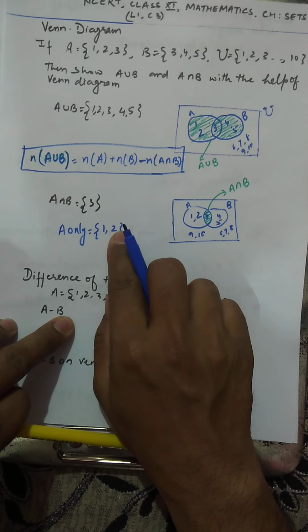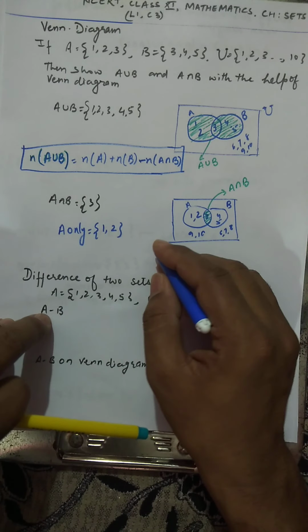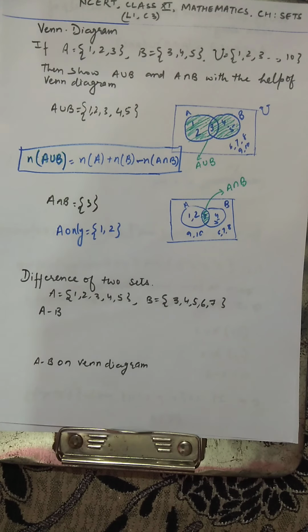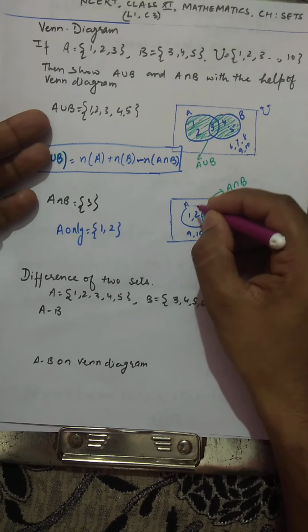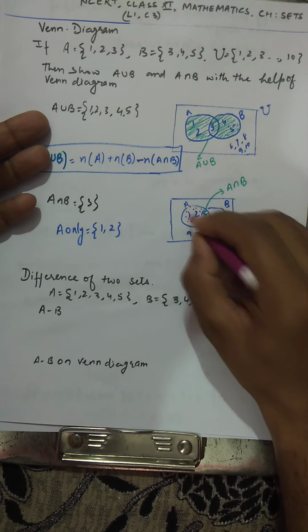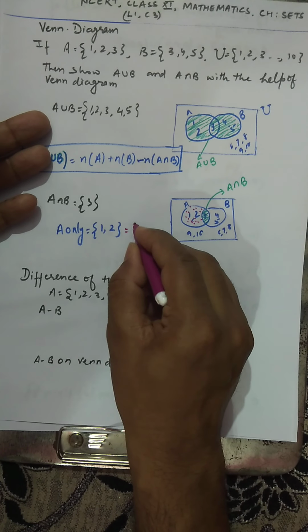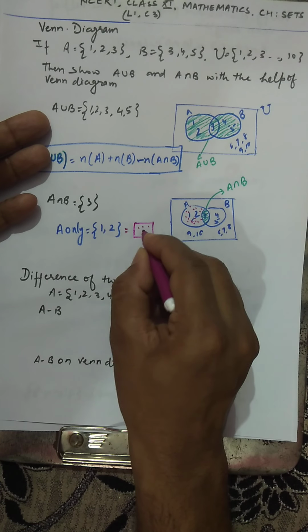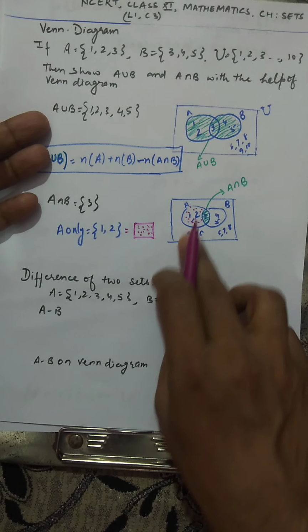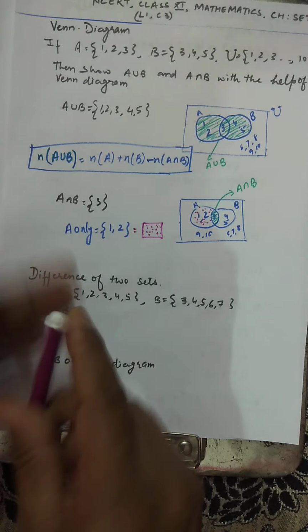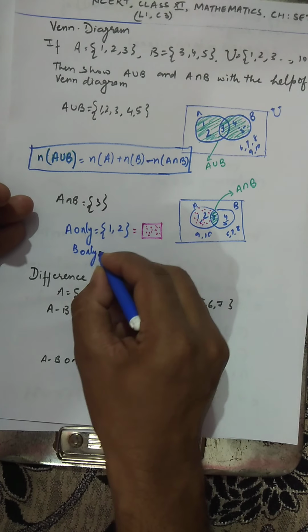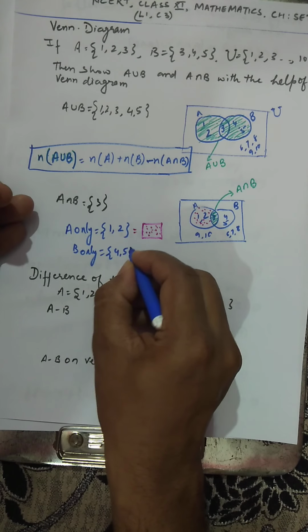So this is A only, and if I want to use a different color to show which area it is, then I can show this A only with this shaded area, like I'm using this different color. So A only can be shown on the Venn diagram this way, that this part is your A only, and similarly your B only will be 4, 5.